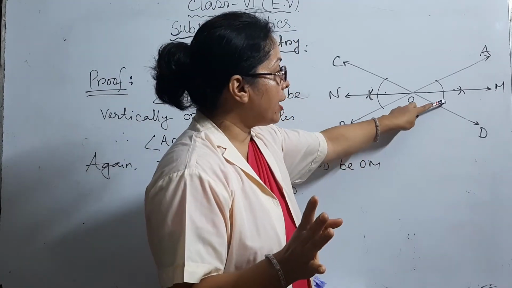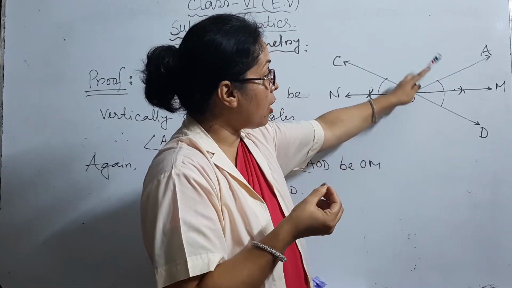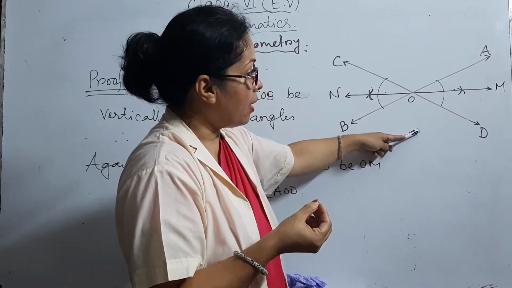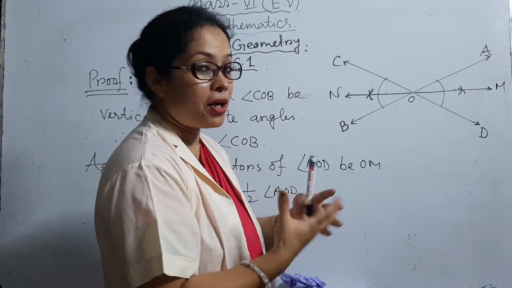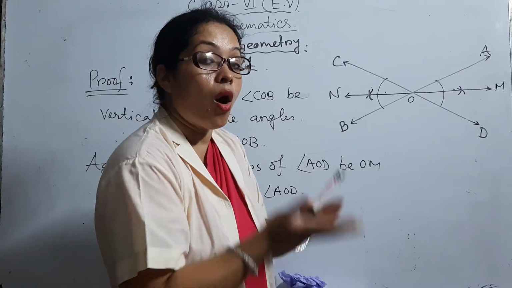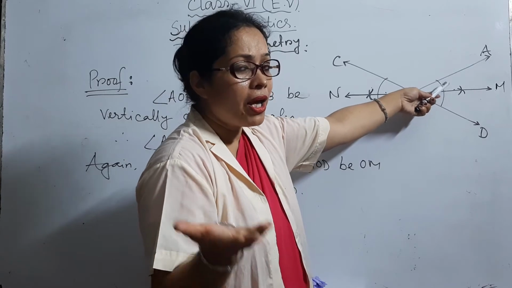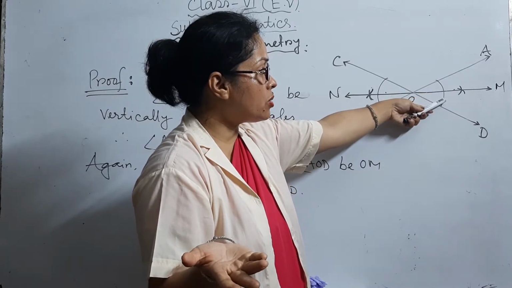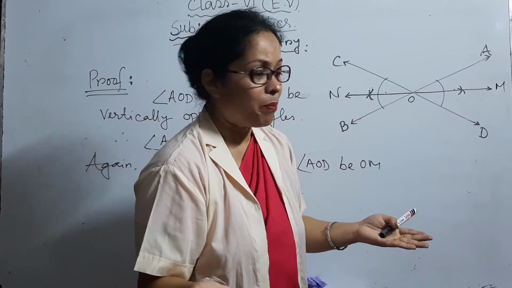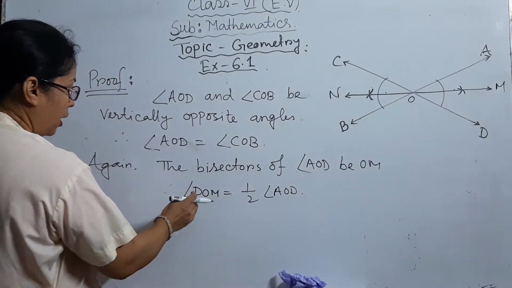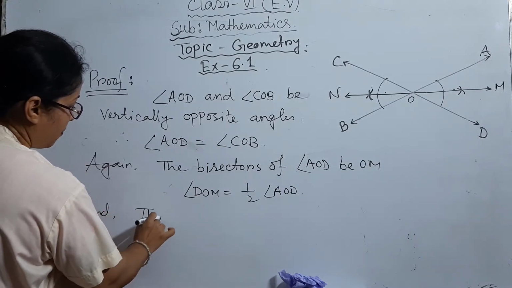That's why I chose this angle. If you choose the other angle, you will have to draw another line. Let me finish the whole part first, then I will make clear why I chose this angle and why I am not writing the other. But if you write that angle equals half of AOD, it will not be a mistake.